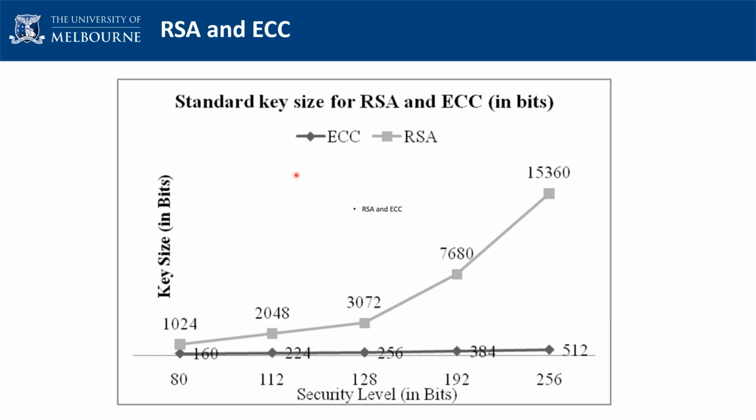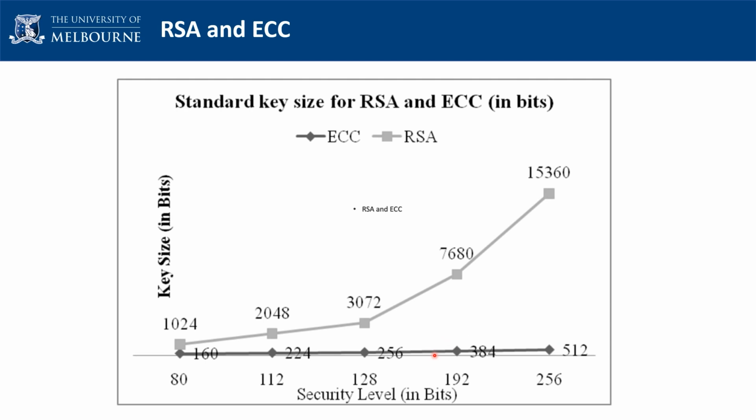An effective solution to this problem is to use ECC. As we can see in the diagram, ECC has a much smaller key size than RSA for the same security level, and does not increase too many bytes when increasing the security level.